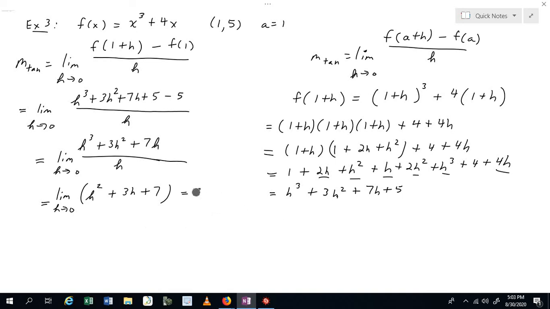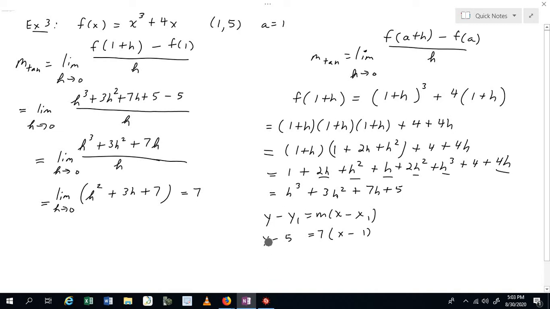So notice we know the slope of the tangent line, and we know this point goes through the tangent line. And so we can find the equation of the tangent line using our point slope formula. Okay, and m is 7, that's our slope, and then x1 is 1, and y1 is 5. Right, it goes through this point 1 comma 5.